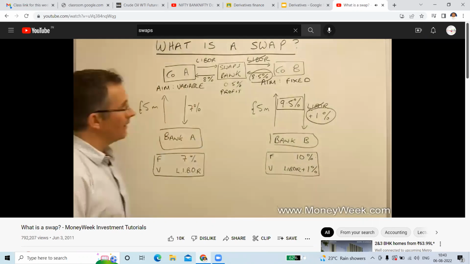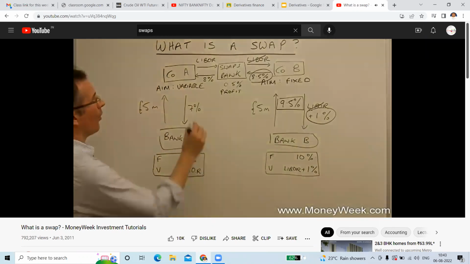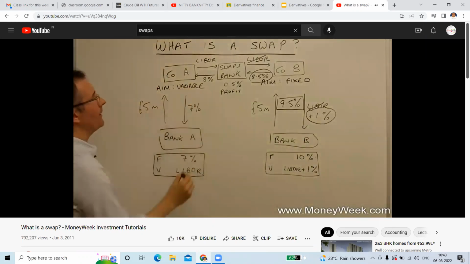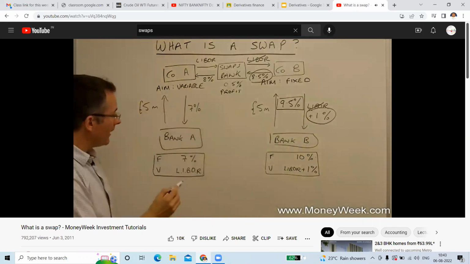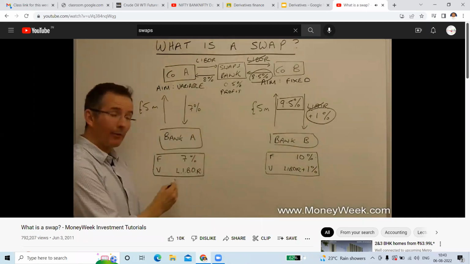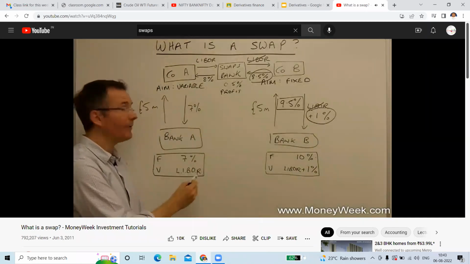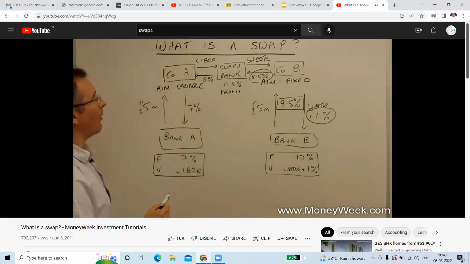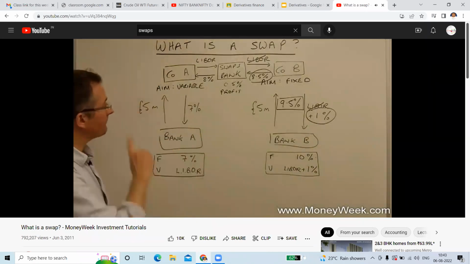Company A, on the other hand, always wanted to borrow 5 million at the lowest possible variable rate. Its bank said, if you come to us, you'll be paying us the LIBOR rate. That's the best we can do. You'll be paying us the interbank rate. As a result of the swap, where is it now?